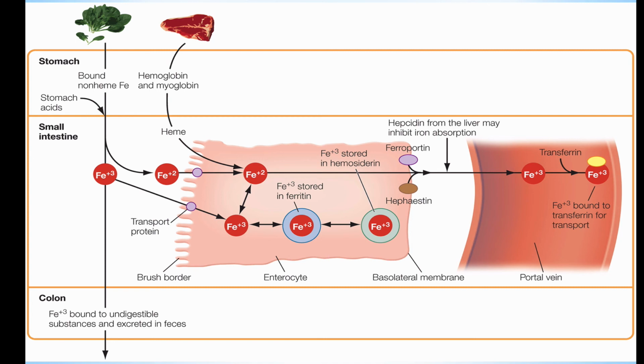So this diagram is on page 474 in your textbook, and there is a lot of information there if you're interested in learning more about the different forms of iron in the body, because the body has storage forms of iron and active usable forms of iron, which are adjusted based on what the body needs, and this is all controlled by the liver.